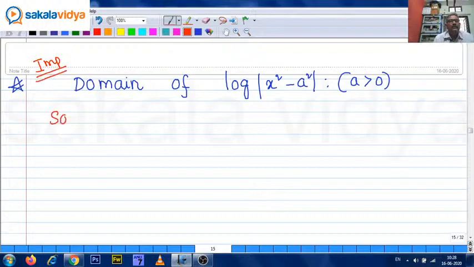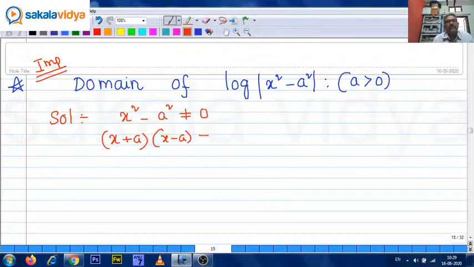Here solution: x square minus a square does not equal to 0. That means x plus a into x minus a does not equal to 0. For critical points, you equate the LHS to 0. Critical points are minus a or a.